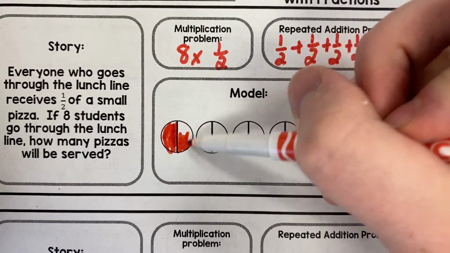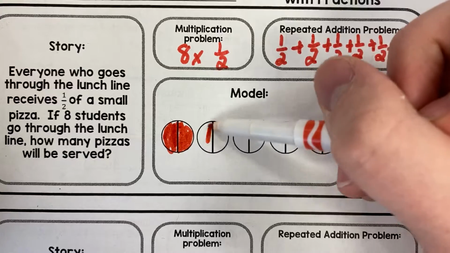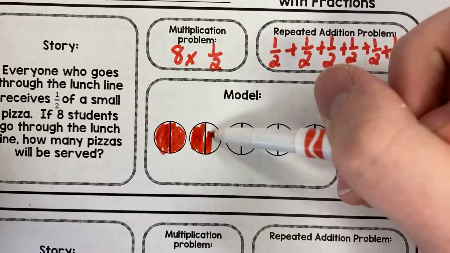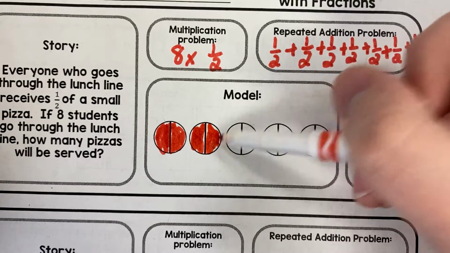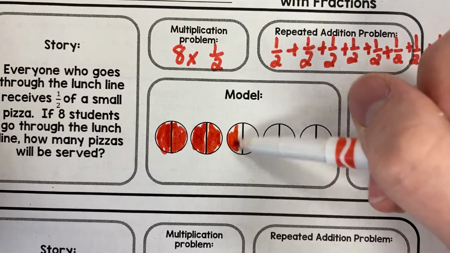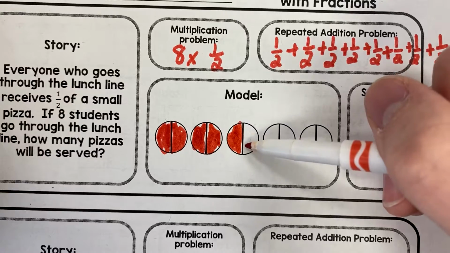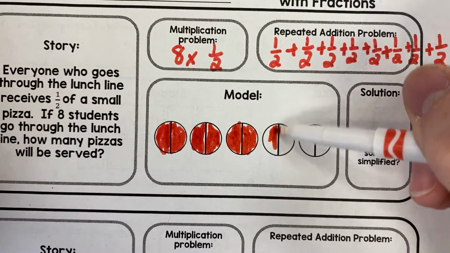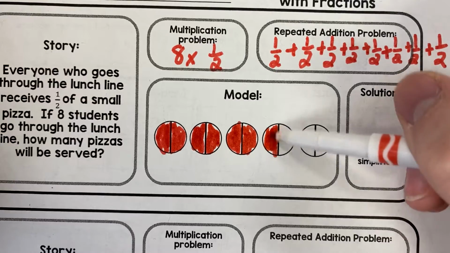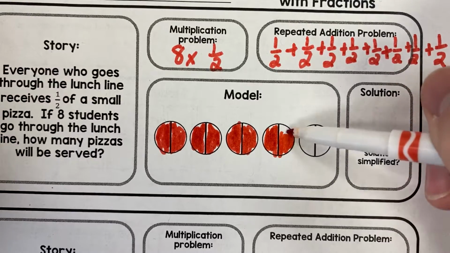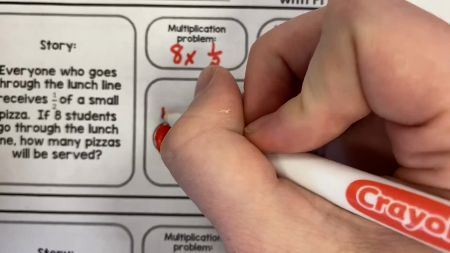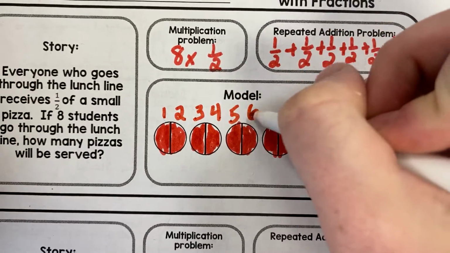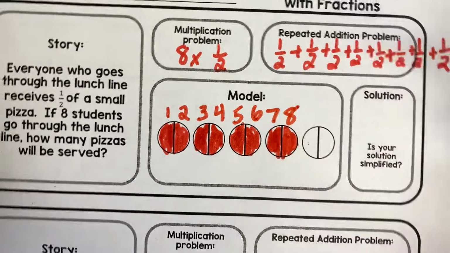This is 2 1/2s, 3 1/2s, 4 1/2s, 5 1/2s, 6 1/2s, 7 1/2s, 8 1/2s. And I can always look and make sure and number them. 1, 2, 3, 4, 5, 6, 7, 8.